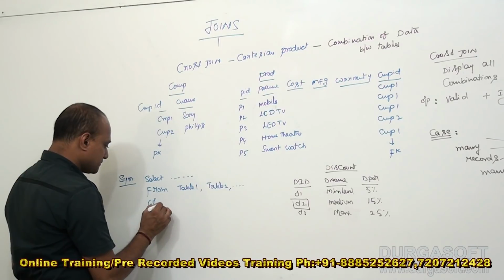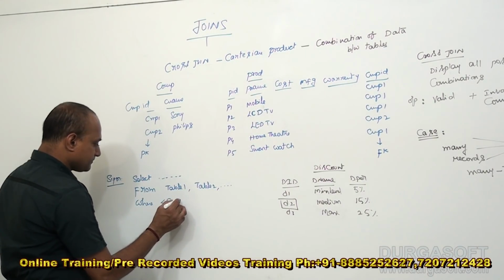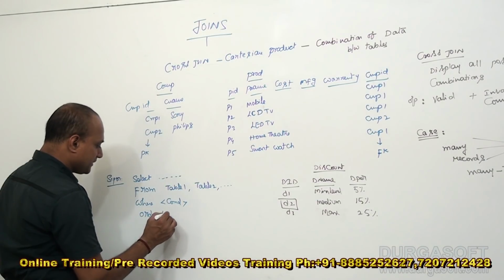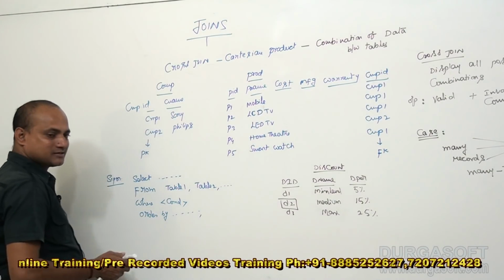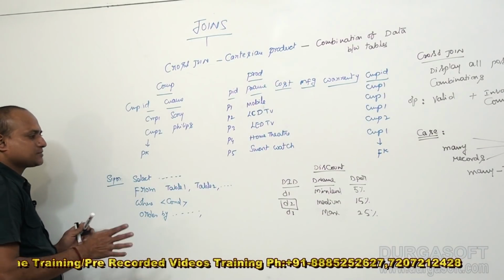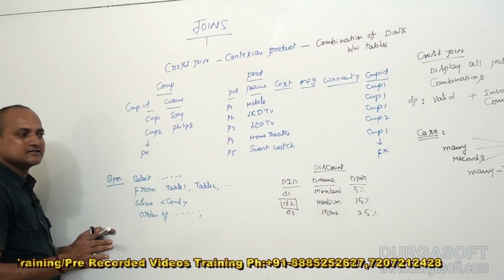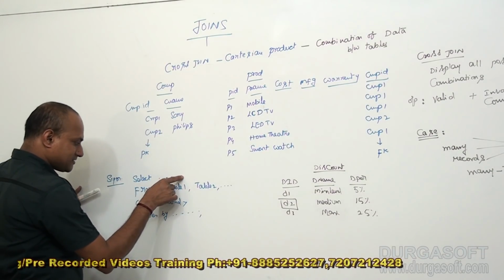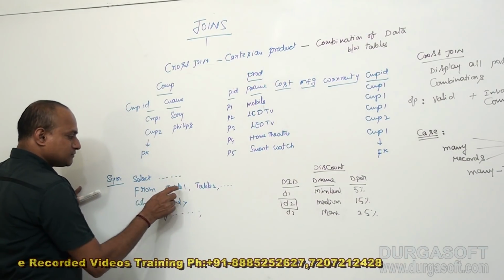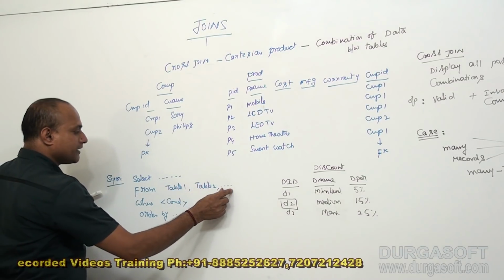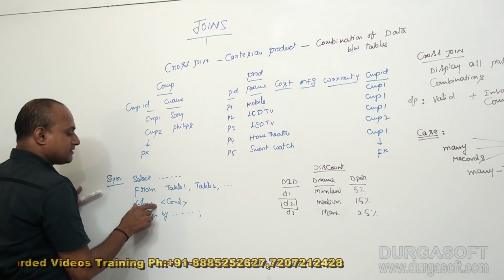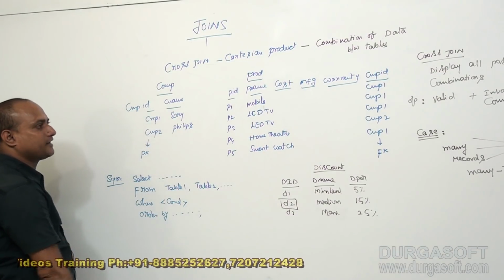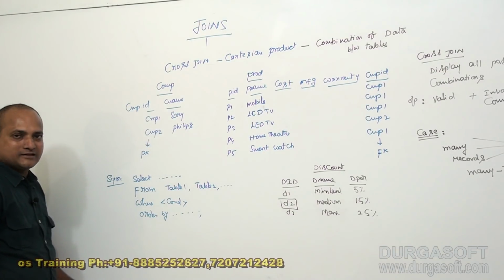You can also use a where condition, and you can also use an order by clause according to your requirement. Remember that. We are not specifying any join condition since it is a cross join. You are just selecting data from multiple tables, from table 1, table 2, table 3 and so on, where you can specify filter conditions and also order by so and so table data.